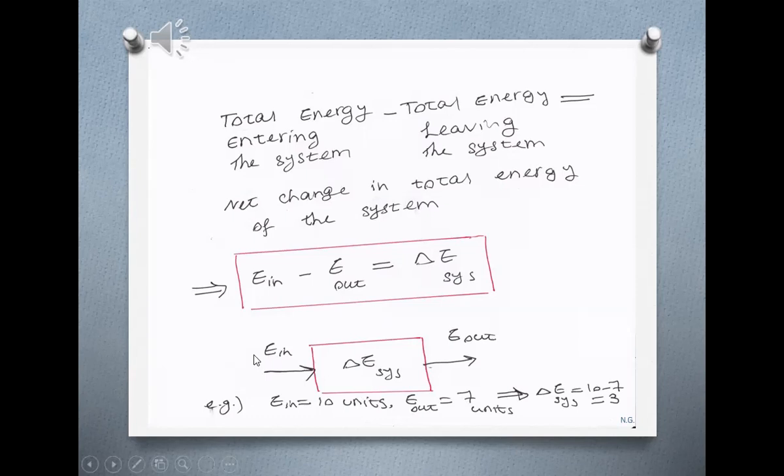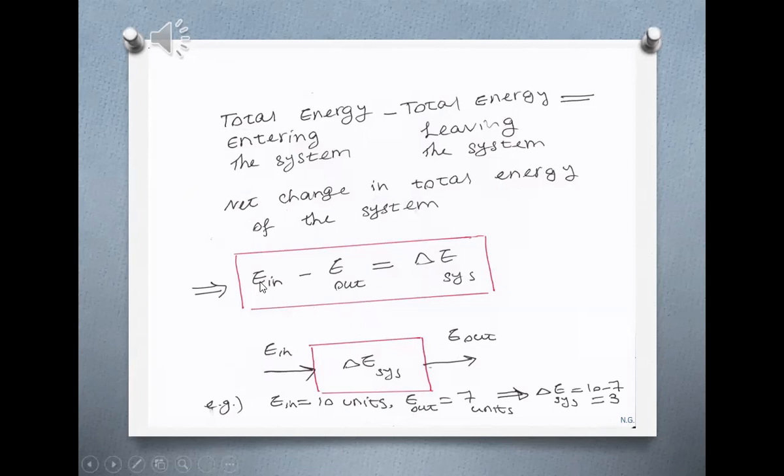If there is some energy transfer into the system, and there is some energy transfer out of the system, E in minus E out, if these two don't balance, what happens to the difference? The difference goes toward the change of energy of the system, right?